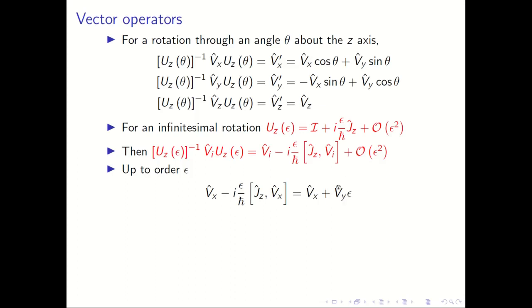And now cancelling out epsilon and moving things to the correct sides, we get the commutation relation between Jz and Vx becoming i h cross Vy, which, if you realize, is exactly the same commutation relation as we had between Jz and Jx. And that should not come as a surprise.